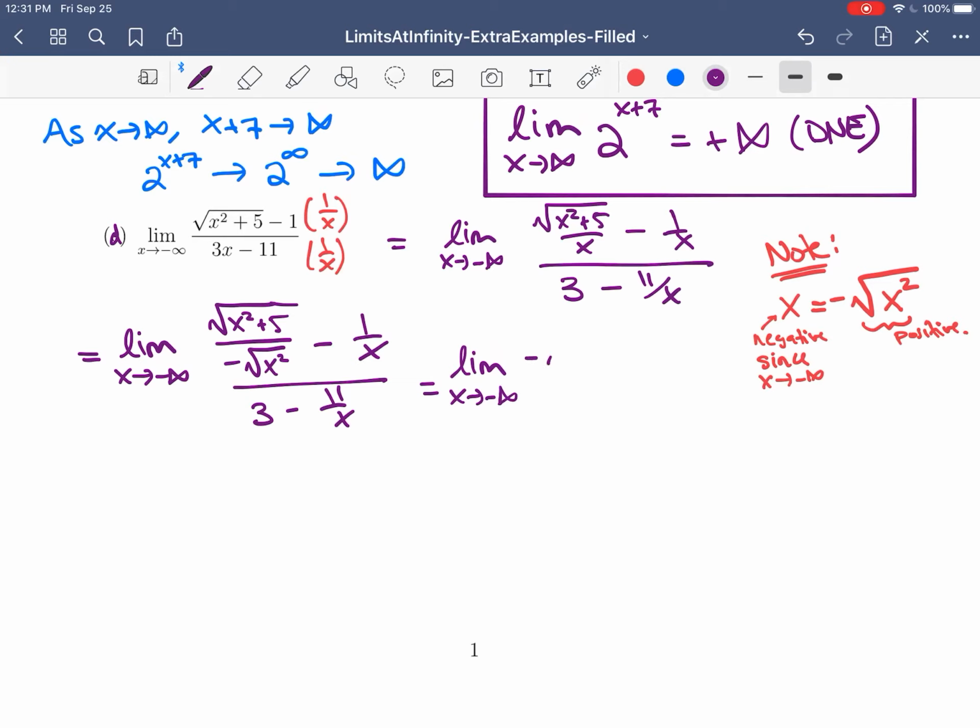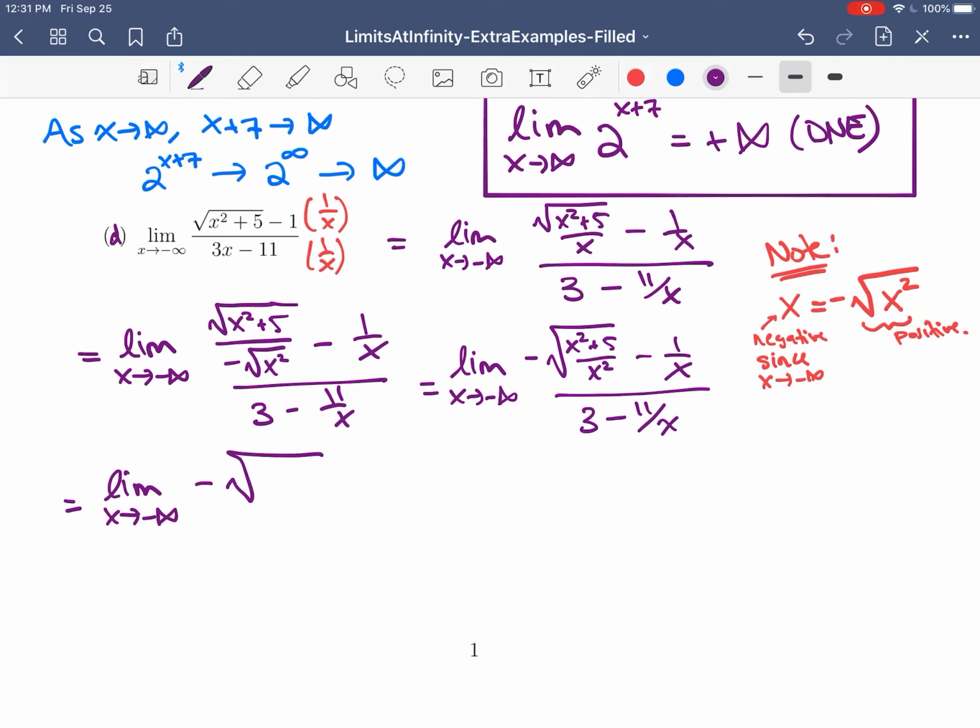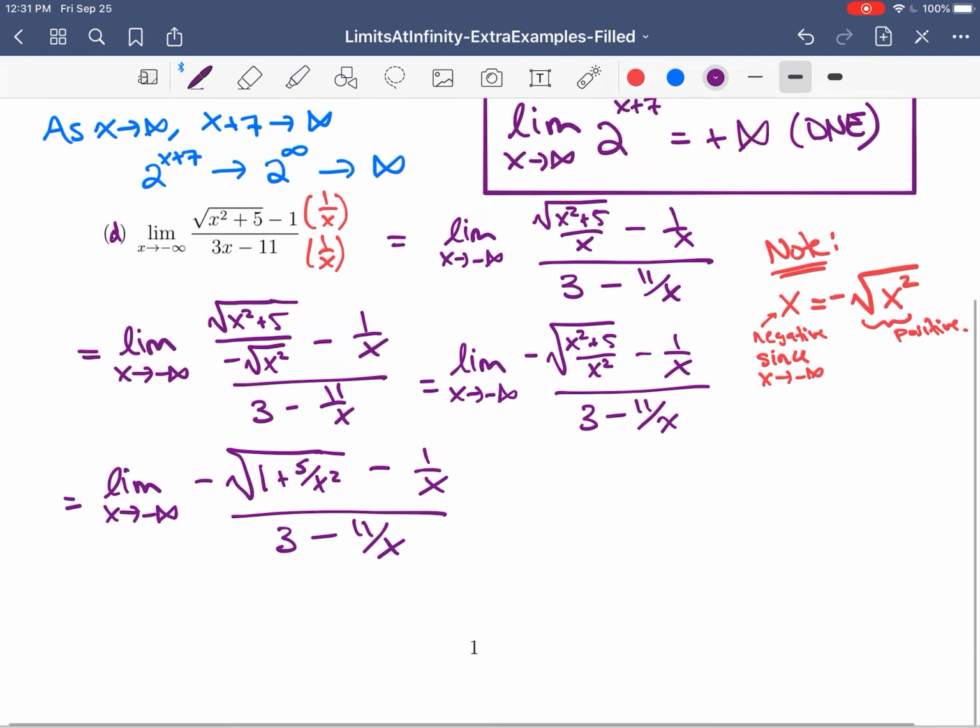So it's going to be negative, and then the square root of x squared plus 5 over x squared. Okay, so now we can simplify inside of the square root. So it's going to be negative, x squared over x squared, so 1, plus 5 over x squared, minus 1 over x squared, all over 3 minus 11 over x.